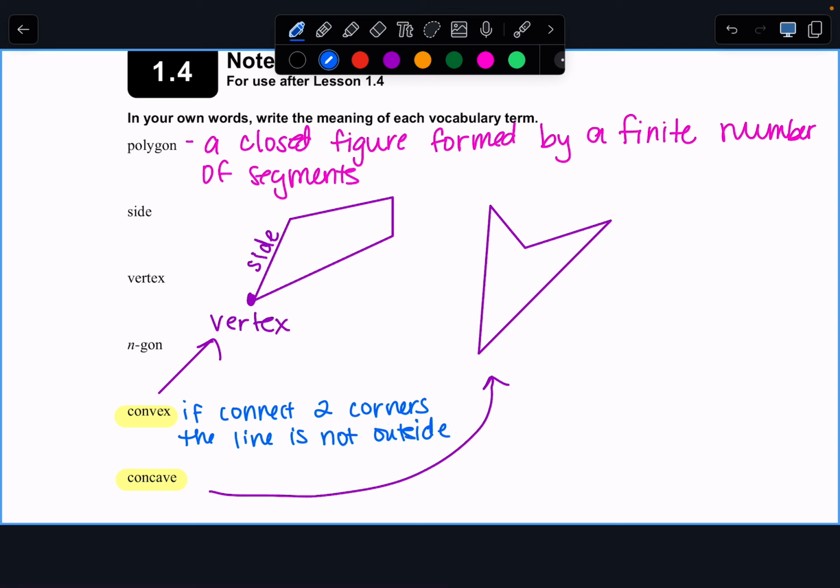If I connect those 2 corners, that blue line is outside of our shape, so it's concave instead of convex. Alex said convex, all of our angles inside are less than 180. That's a good way to put it. Notice how this one is more than 180.